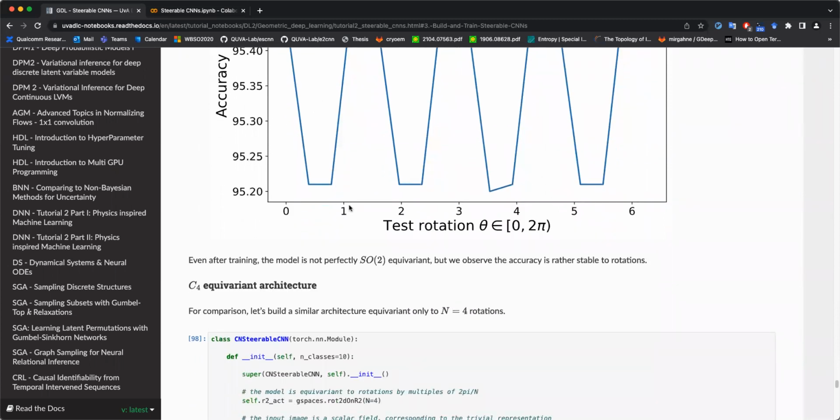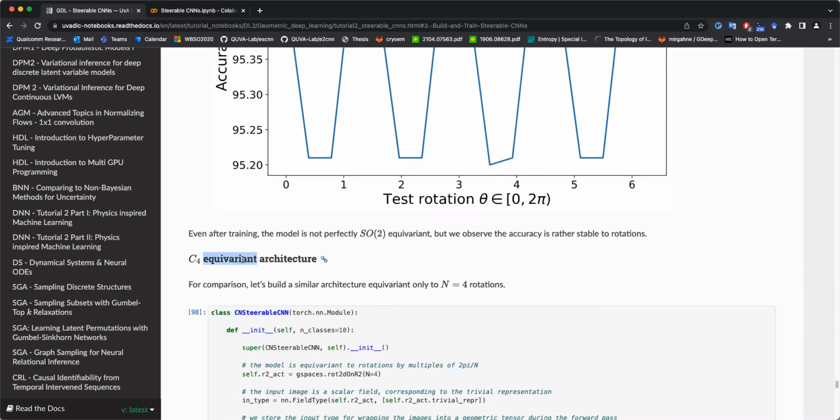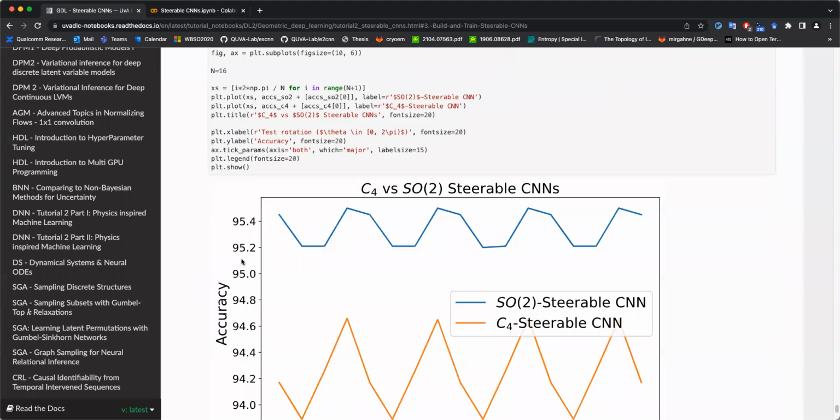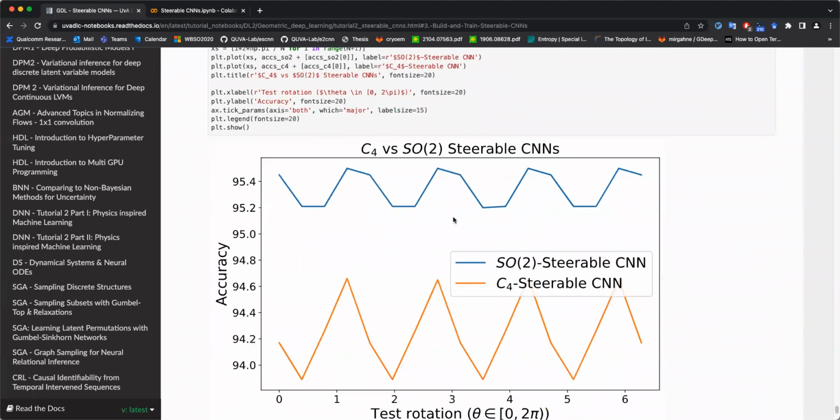To put this in relative terms, we can build a C4 equivariant network. So this is essentially the group convolution you did last week. We can do the same process, train it as well, and compare the final accuracies. And you see that the SO2 equivariant network is performing slightly better, but it's also more stable.